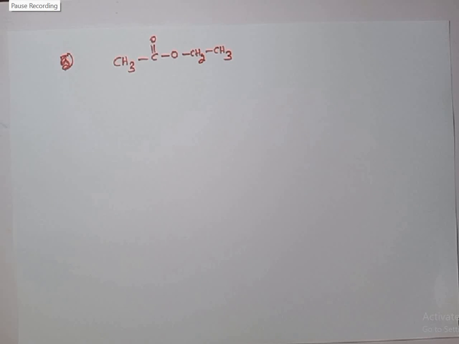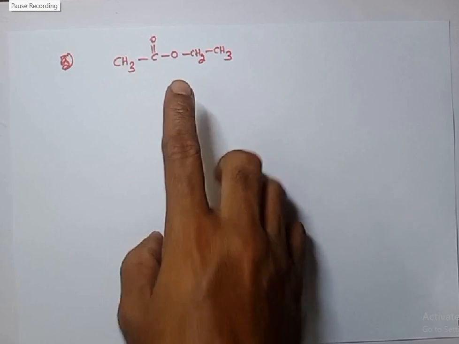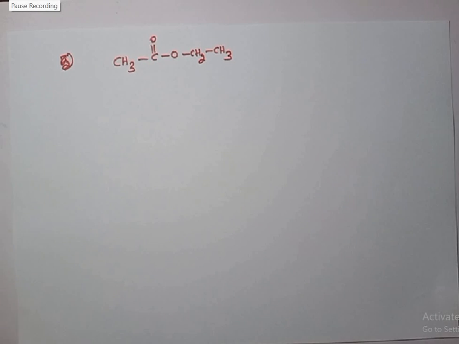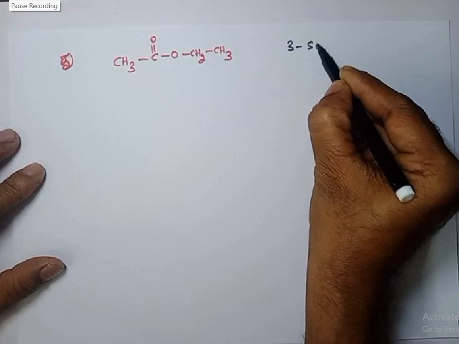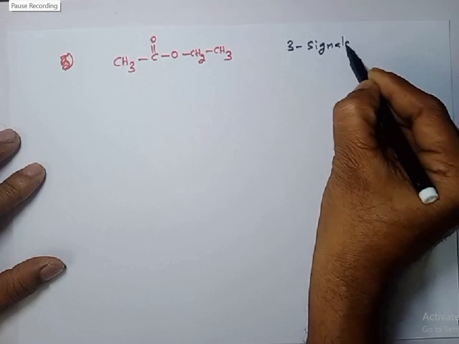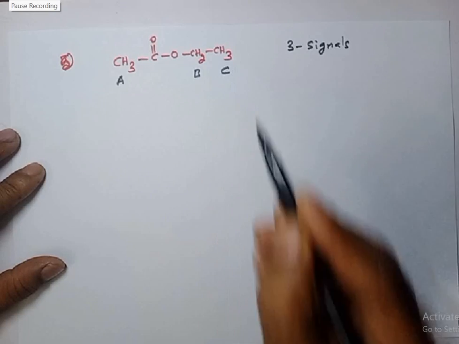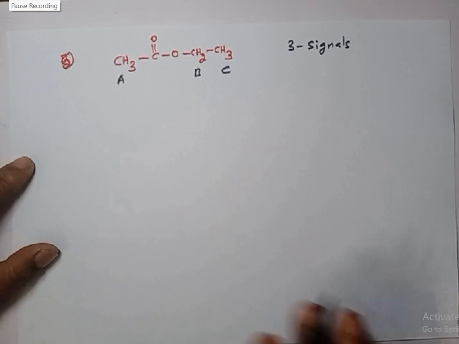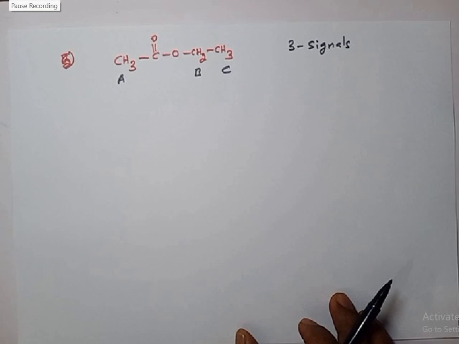Predict the proton NMR signals for this compound. So this compound gives 3 signals in the proton NMR spectrum. Suppose I take this as A, this is the B proton, and this is the C proton. Now predict the approximate chemical shift values of these protons.